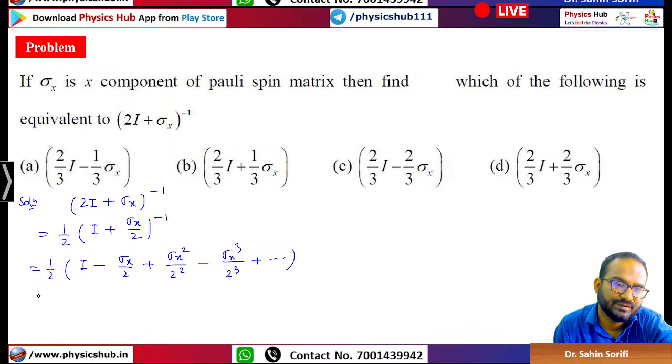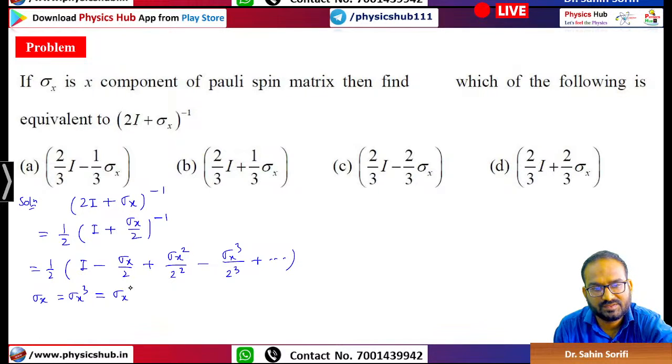Now you see, sigma x cube is nothing but sigma x, because sigma x square is identity. So sigma x cube will be identity into sigma x, that is sigma x. If I calculate sigma x to the power 5, it is sigma x cube into sigma x square, and sigma x square goes to identity, so it is sigma x.